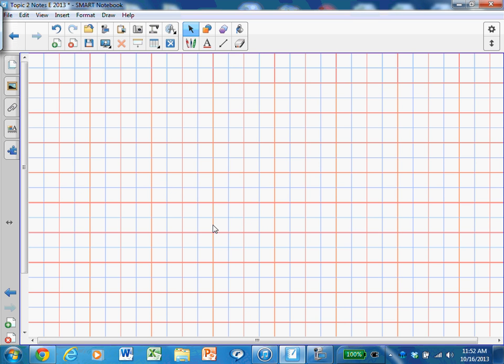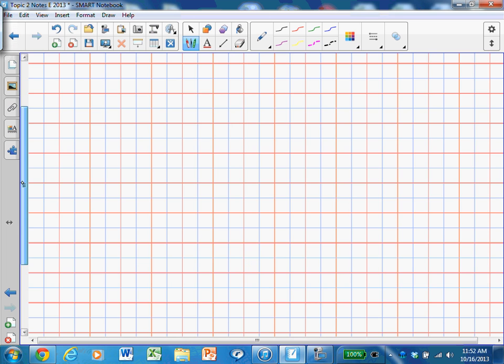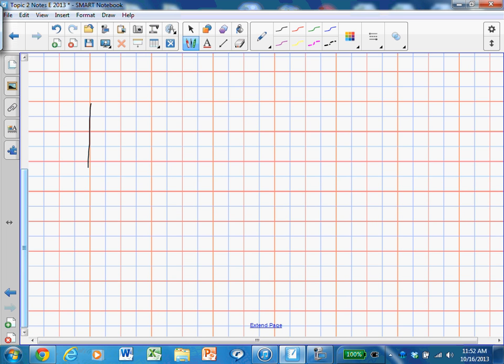Alrighty. So, problem number 2.51, on page 16. We have a velocity graph.